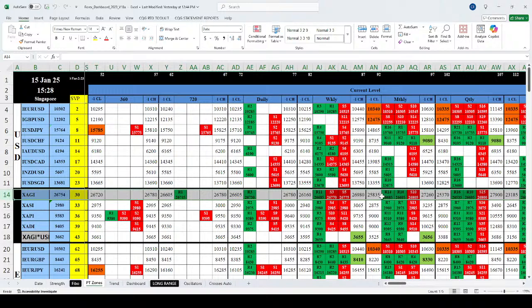Monthly is 2 strong buy and 1 strong sell. I'm telling you, I'm not getting any signal at all because this market looks a bit tricky and a bit choppy, you know. So we have to be very careful on this market.